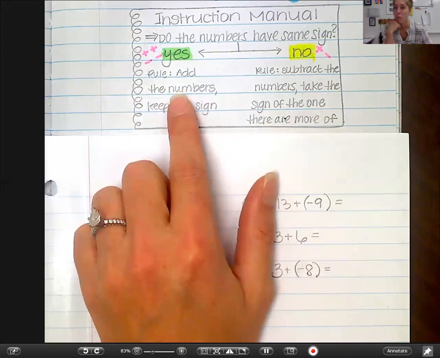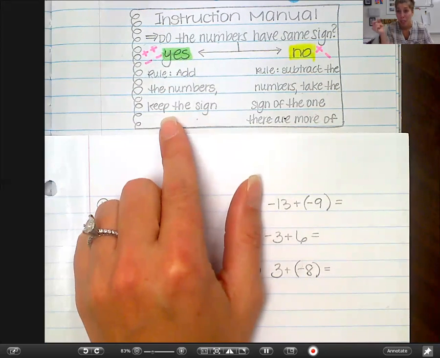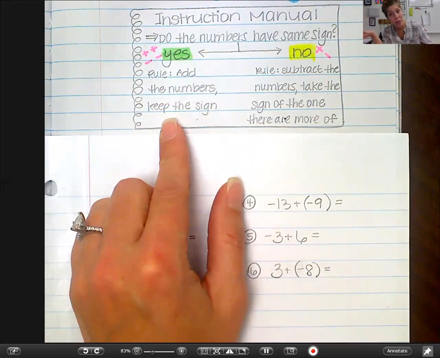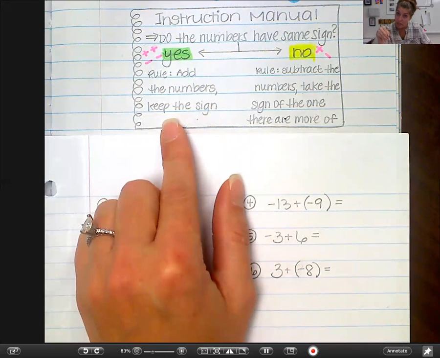That's exactly what this rule says. I've done this for years, okay? So I'm going to ask you, what do we do when the signs are the same? And I always make my kids say back to me, add the numbers, keep the sign.